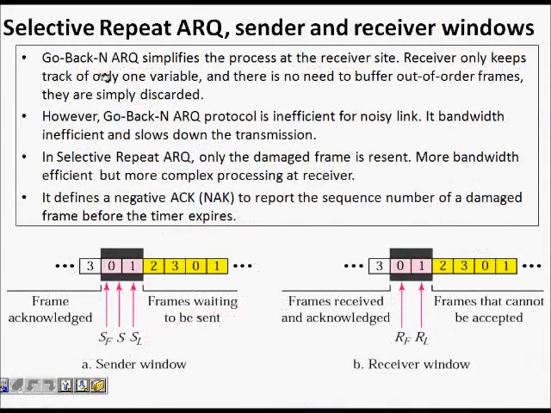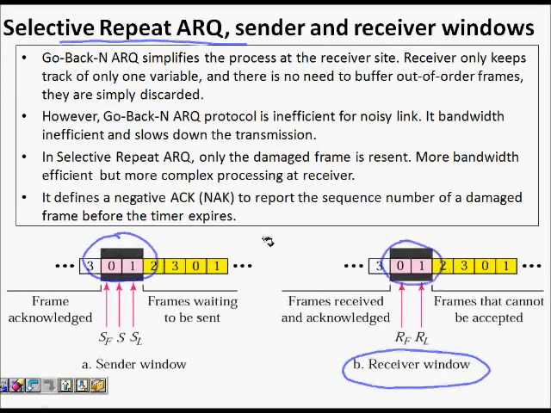So in selective repeat, there is a sender and receiver window. SF is the start of the window, SL is the end of the window, and S is the last sent frame. In the receive window in the Go-Back-N protocol it was just size 1, but here the sender window and receiver window both have size 2 to the power of m minus 1, where m is the number of bits used to represent the sequence numbers.